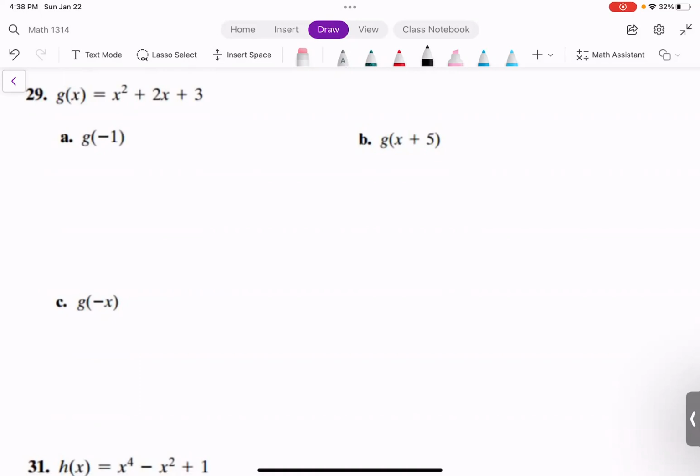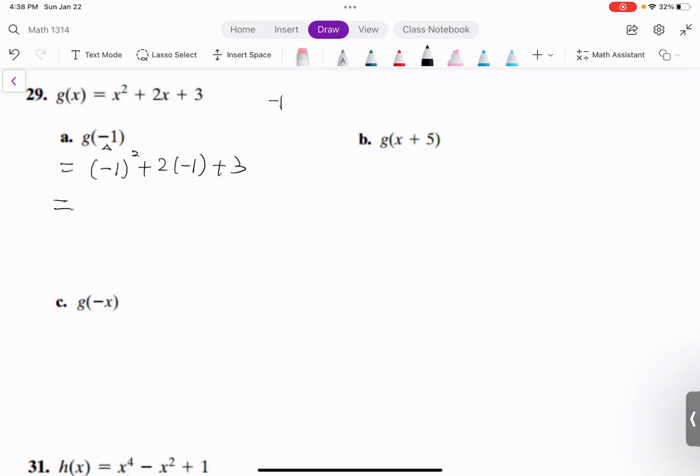g of x equals x squared plus 2x plus 3. And we plug in x equals negative 1. So all of the x need to be replaced by negative 1. Negative 1 squared plus 2 times negative 1 plus 3. And what is negative 1 squared?